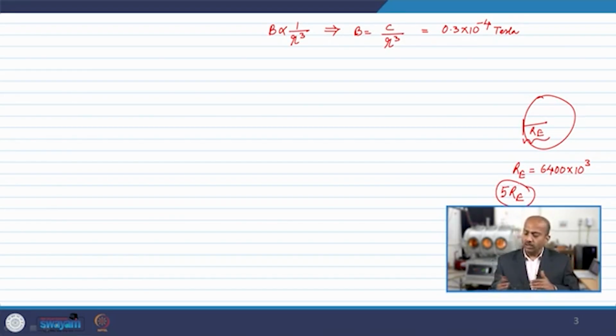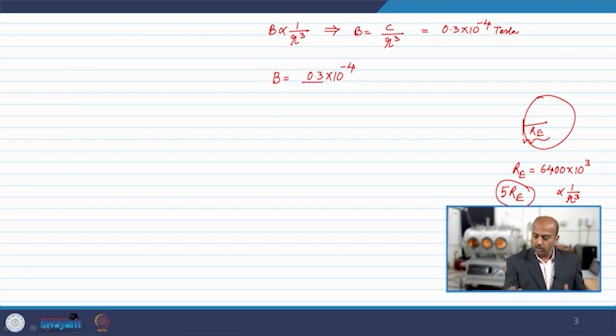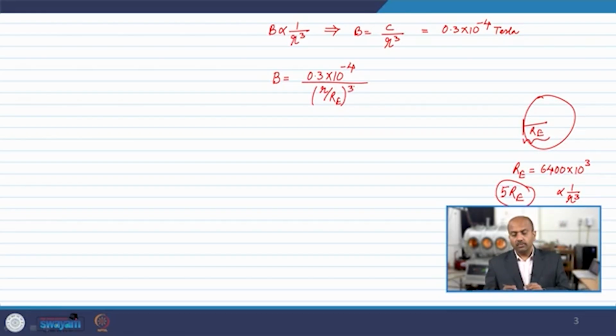Assuming that the magnetic field does not decay linearly but decays with a factor of 1 by r³, we write B as 0.3 × 10⁻⁴ divided by (r/RE)³, since r is given in units of the Earth's radius.